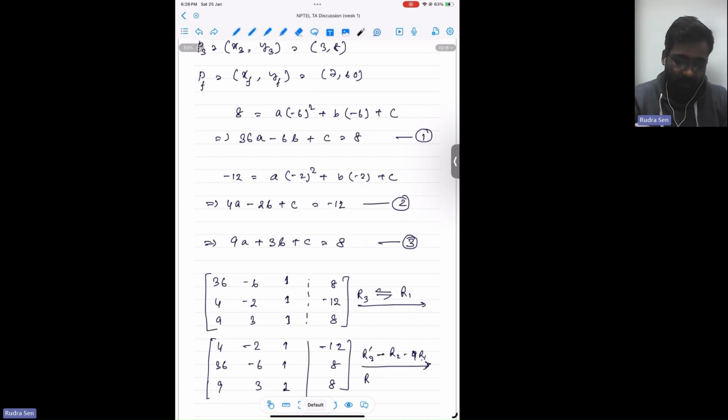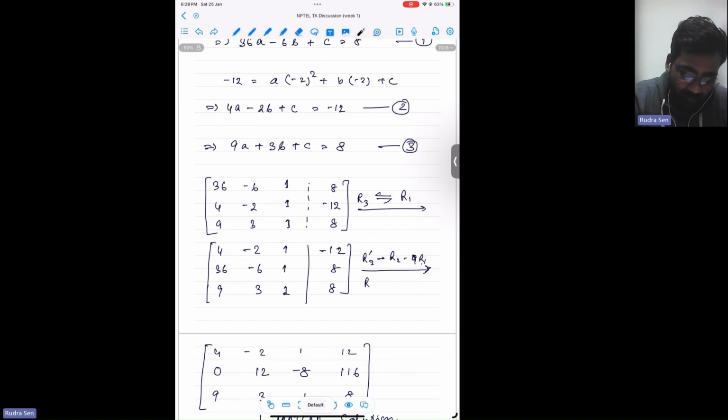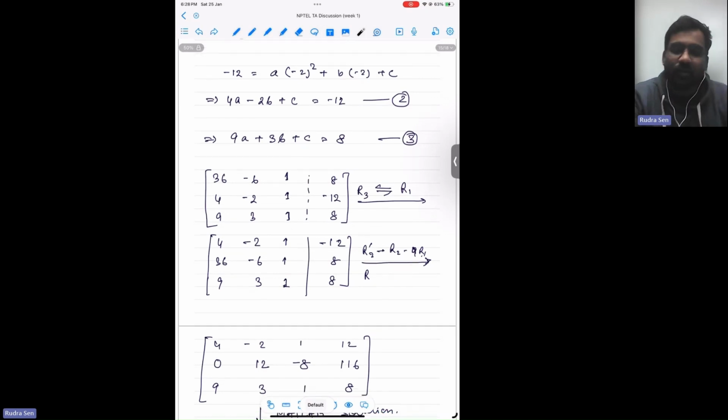Now we augment it, A augment B. Okay, so here I have tried, I mean, just for calculation purposes. It is not required to exchange rows because the first element is already non-zero, but I have done it just to make things easier.